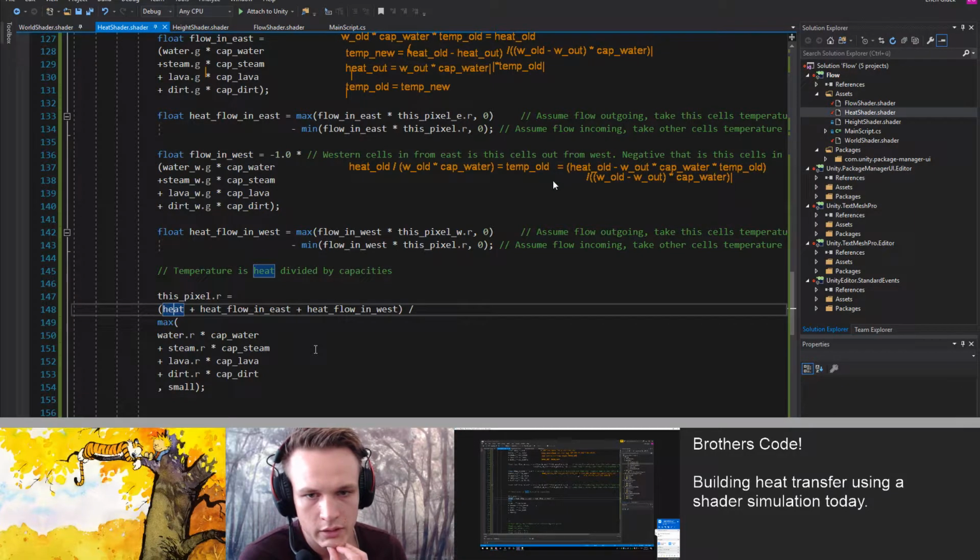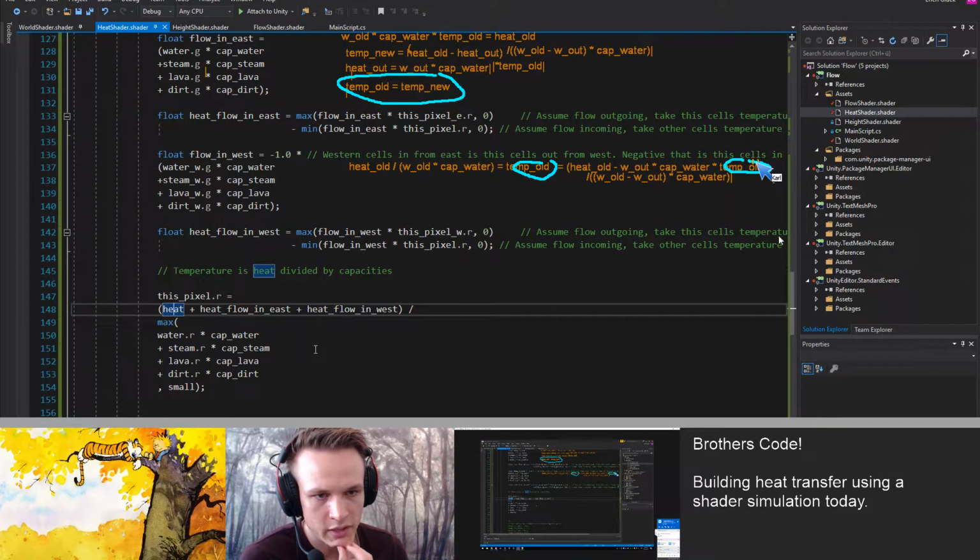Do you see why? Because this is temp old, and temp old is supposed to be the same as temp new. But temp old is involved in this right here, which means that necessarily the rest of this is going to have to basically cancel out and end up just multiplying by 1. But you kind of can't because there's this heat old parameter in here. Wait, hold on. Heat old is this.